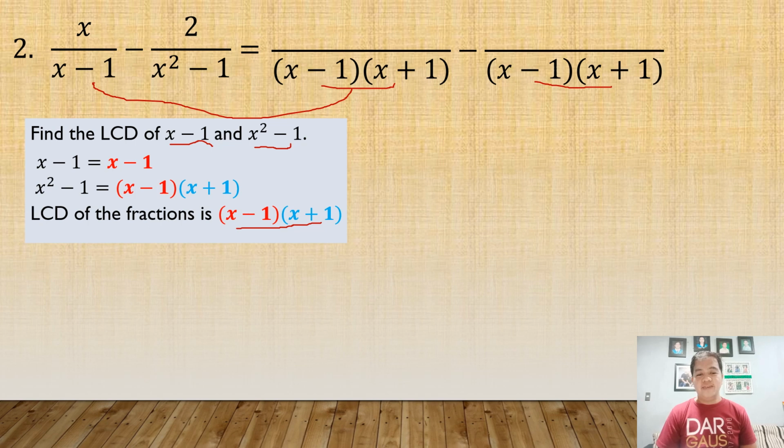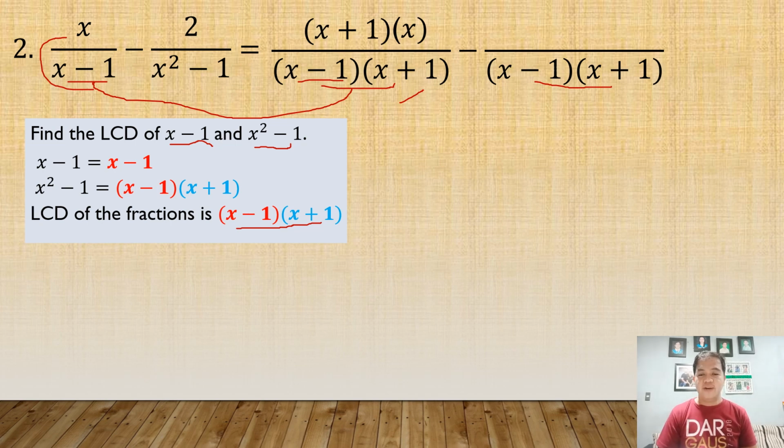Ano ang parehas? Yung x minus 1. Ito may x minus 1, siya rin may x minus 1. Matatanggal na yung x minus 1. Ang maiiwan ay itong x plus 1. So, x plus 1 ang matitira. Do not forget, ita-times pa natin yun sa numerator, dun sa x. So, x plus 1 times x.